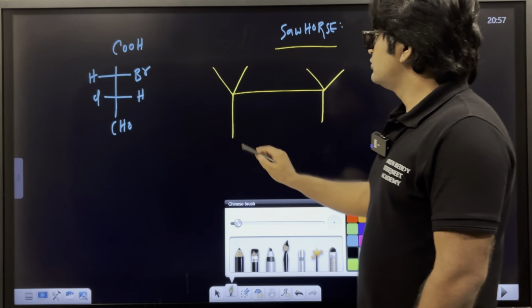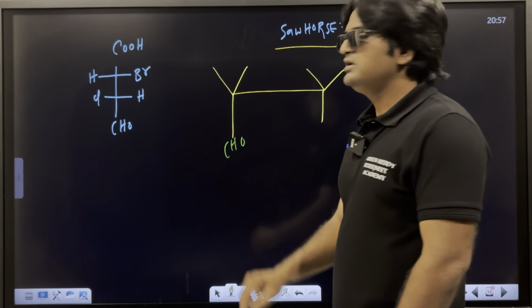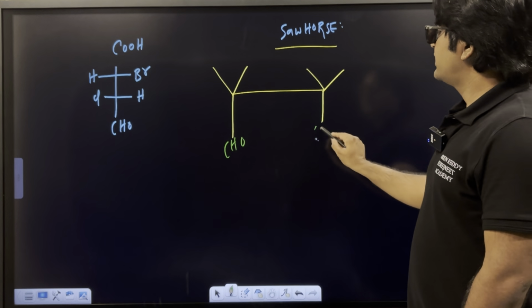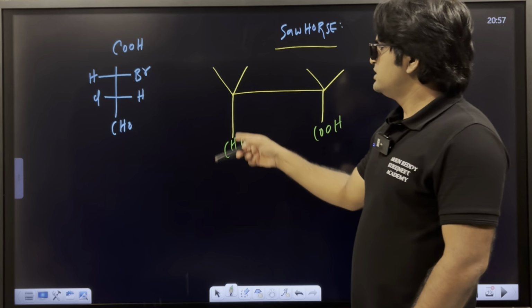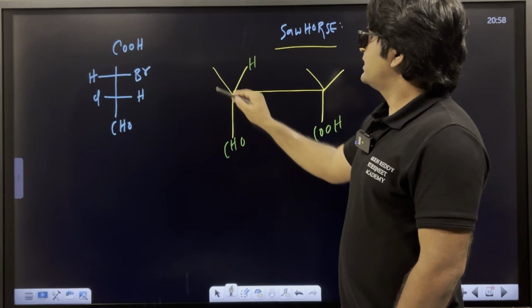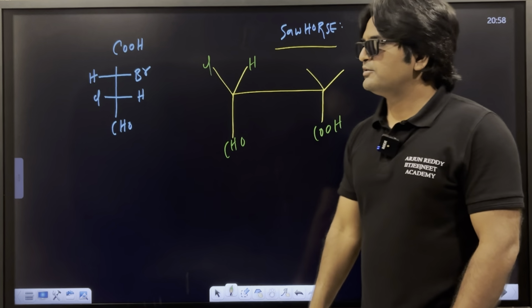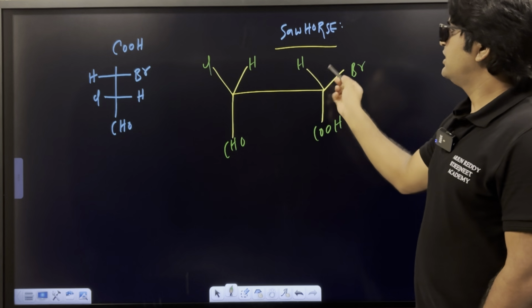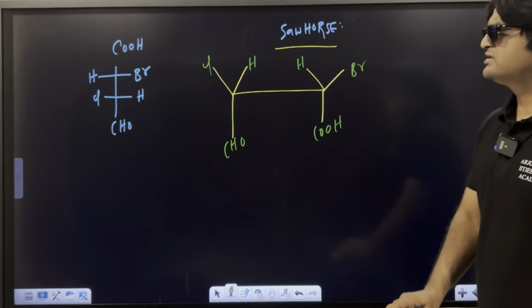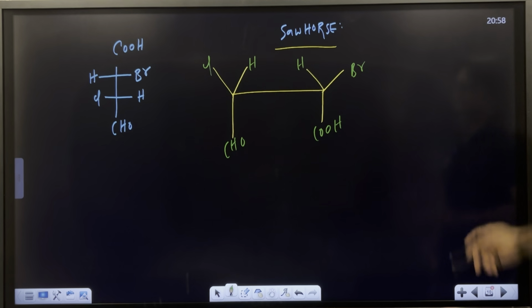Next, how to arrange the groups? For example, if you are taking CHO here, then what about the right side group? That should be COOH. Next one, at CHO carbon, hydrogen right side and chlorine left side. Next, at this carbon atom, bromine right side and hydrogen left side. That is a simple way of converting Fischer to Sawhorse.